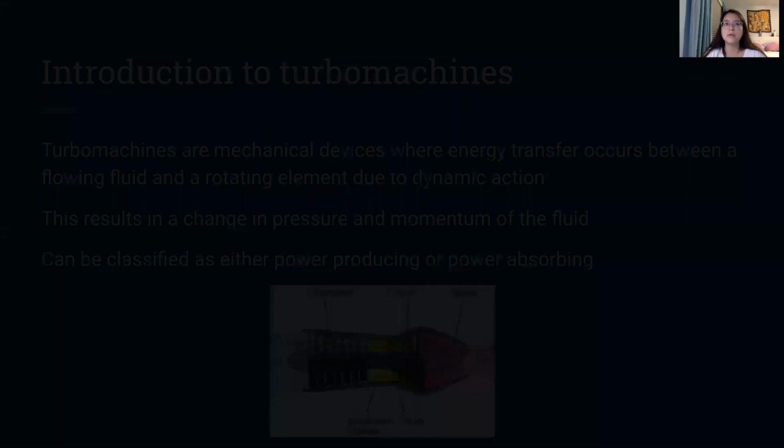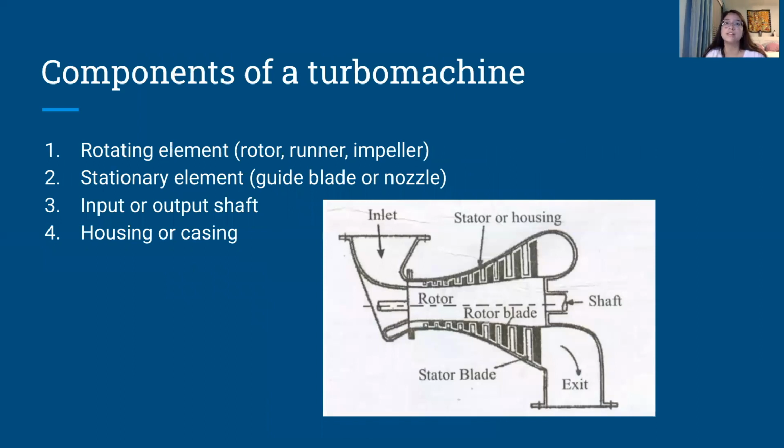There are four components within a turbo machine as seen on this diagram here. The first component is a rotating element consisting of a rotor, runner, and impeller. As you can see here, the black and white parallel lines are the rotor vanes, and this is the rotating component that flows through in an electromagnetic system within the motor.